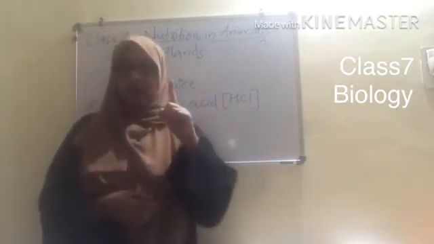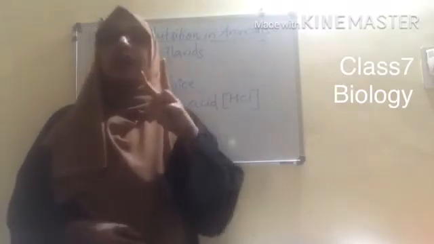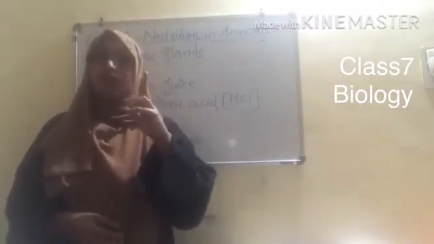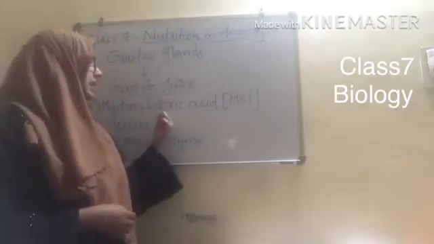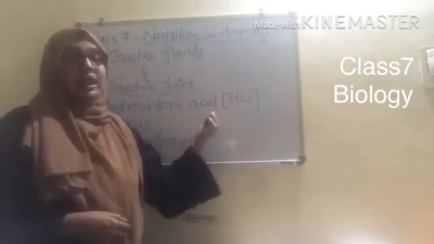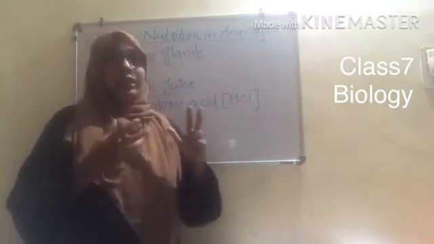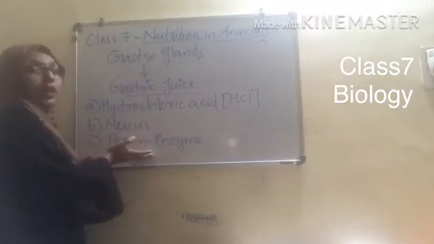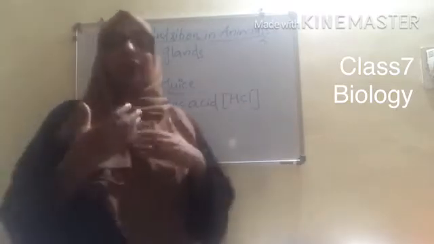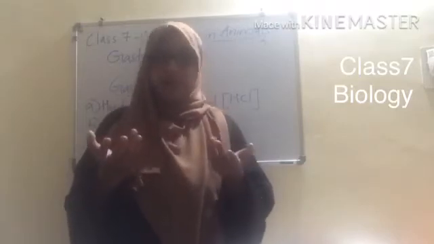That is one function. Another function, it makes the atmosphere of the stomach, or medium of the stomach, acidic. HCl is an acid, isn't it? So it makes the stomach acidic. Then only many enzymes such as pepsin can act upon the food, which helps in the digestion. Clear?